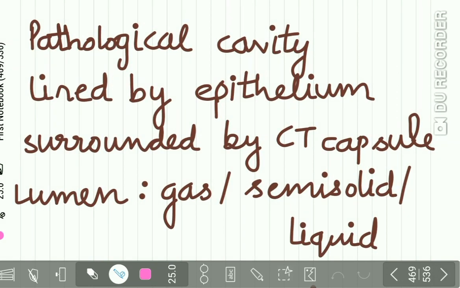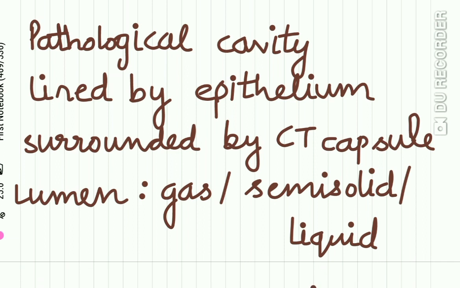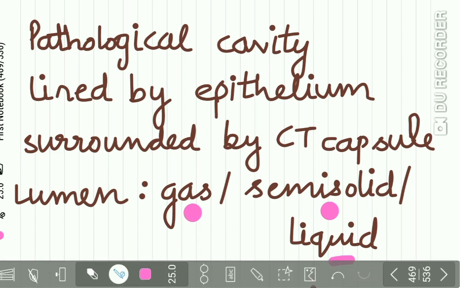A cyst is a pathological cavity which is lined by epithelium and surrounded by a connective tissue capsule, and the lumen or the inside cavity of the cyst is filled with either a gaseous substance or a semi-solid material or something liquid. So this is the easy to remember definition of cyst.